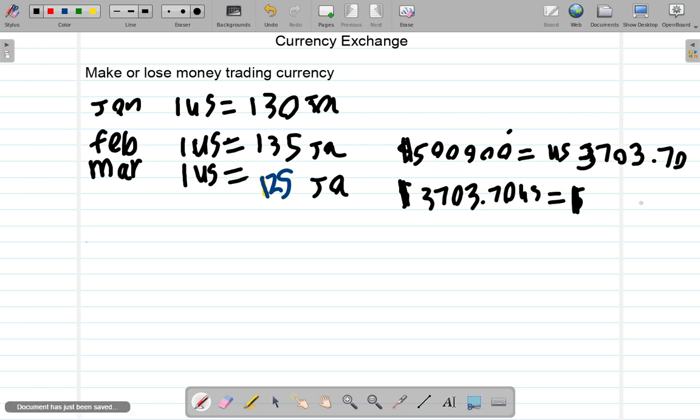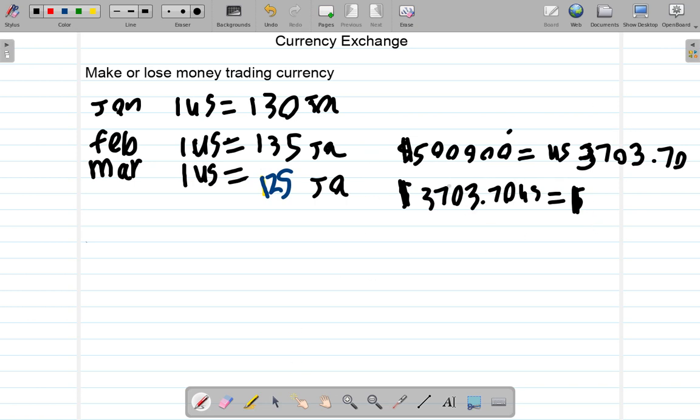Maybe if they didn't need to do any business in Jamaican dollar, they could still keep their money in US. The risk now is that the US dollar might weaken. But the thing is, they have to change their money now from US to Jamaican. Let's see what happened to their money.